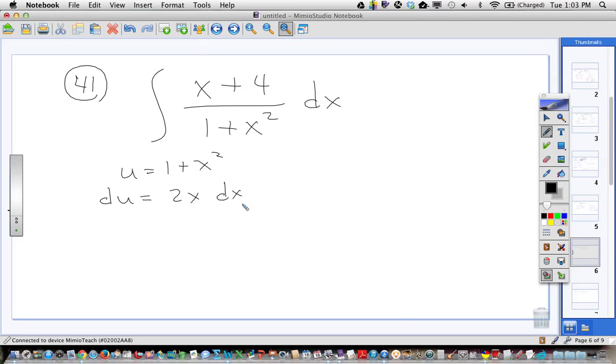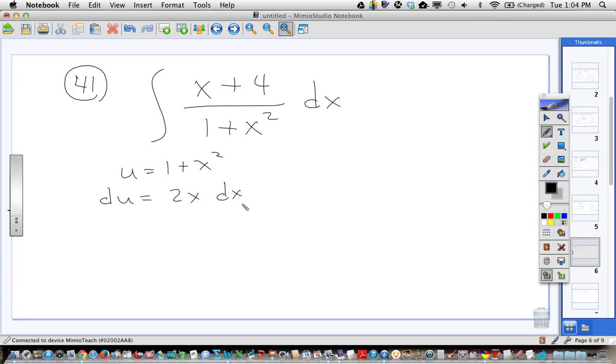Well, now wait a minute. You said something interesting there about separating. I can't add a 4 down here, for instance. Logan? You separate it so it's x over 1 plus x squared.